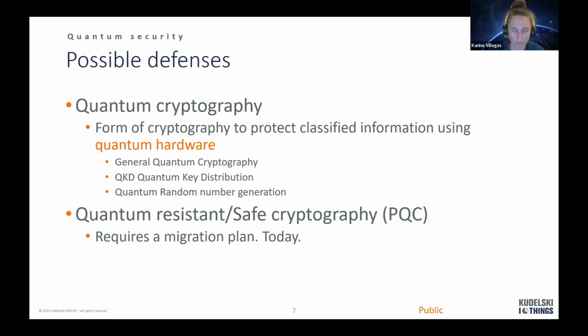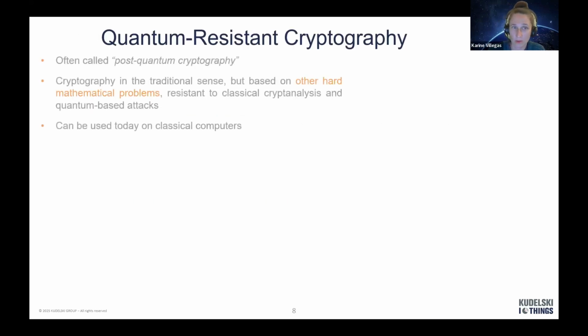And if we have a closer look at what quantum resistant cryptography or PQC is, in fact, it is really cryptography in the traditional sense. In terms of asymmetric cryptography, to be able to share a public key and keep a private key, we need hard mathematical problems to construct operations that will be resistant to classical cryptanalysis that could be performed on our current computers, and also to quantum-based attacks.